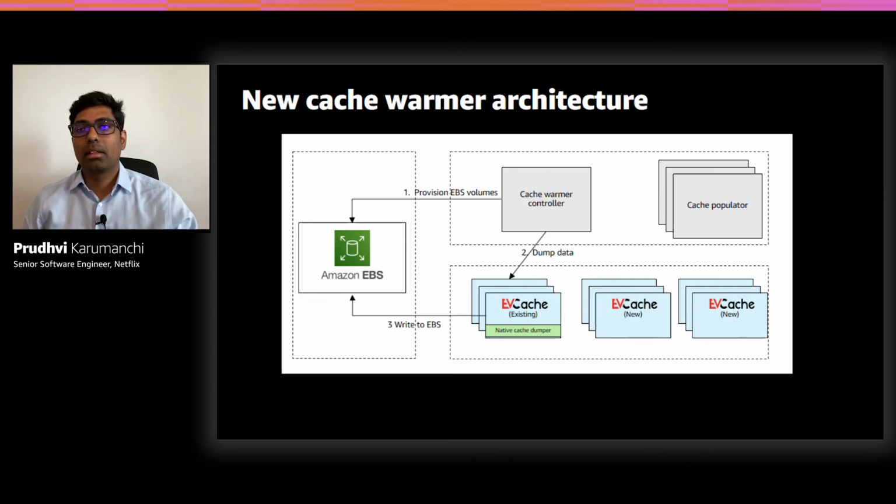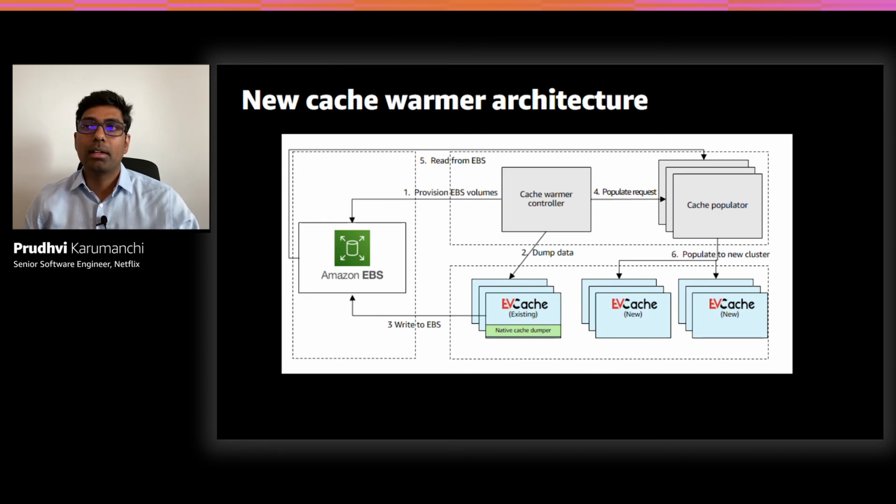And the dumper will start writing to the EBS. In parallel, the warmer also instructs the populator service to say, hey, go and start reading the chunk information from the EBS volume. And it will start reading that data. And again, it will cook up the requests to be sent to the server side, and cache populator does exactly that.